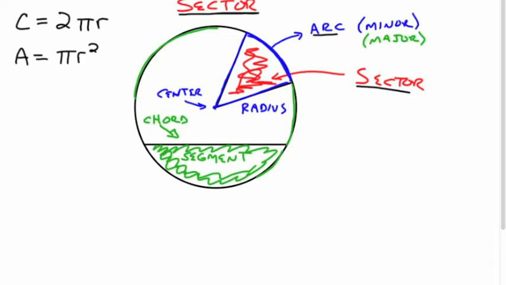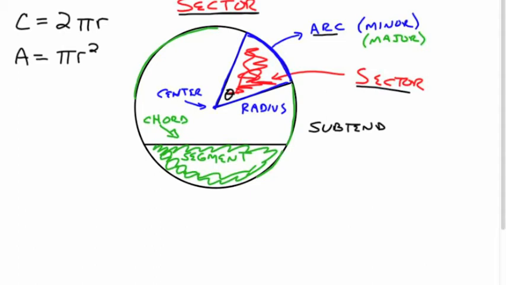And how do we determine that portion? Well, we determine it based on the measurement of theta. Theta is some measurement of our angle that subtends the arc. So remember, subtend is the angle that's opposite of the piece that you're talking about.